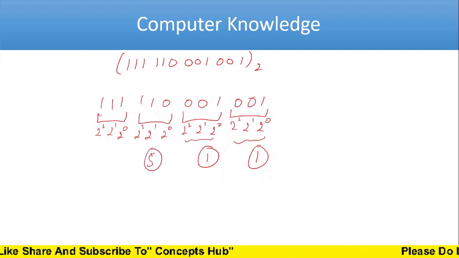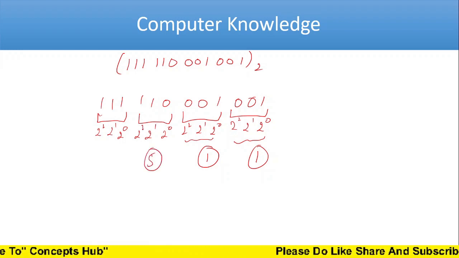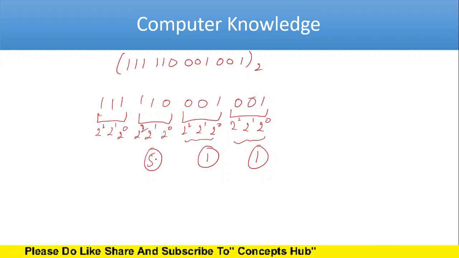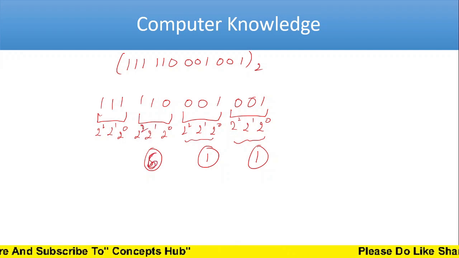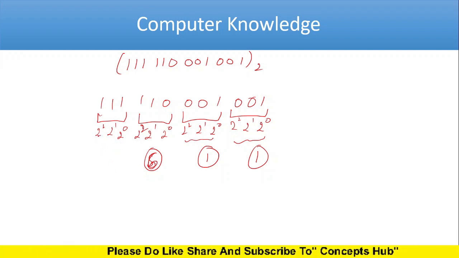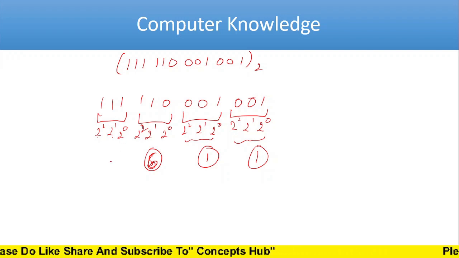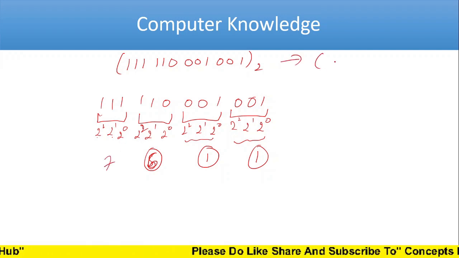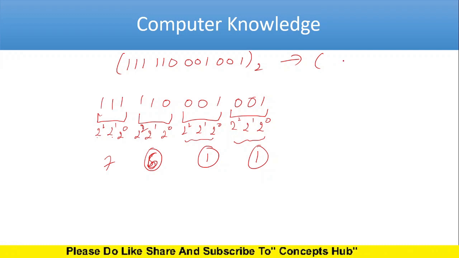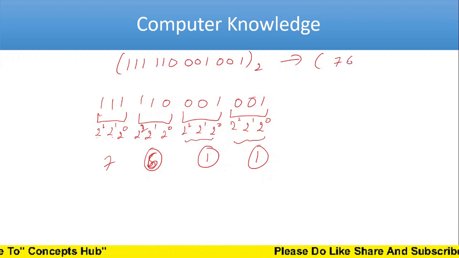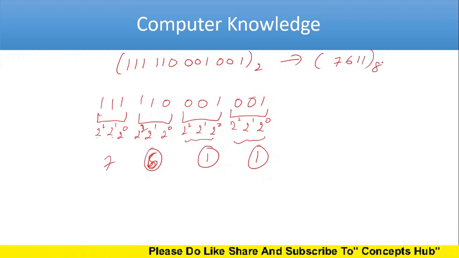So what will you get here? 4 plus 2 will get 6, and here 1. Okay, 4 plus 2 is 6, 6 plus 1 is 7. So the octal form of 111 110 001 001 is 7611 base 8.